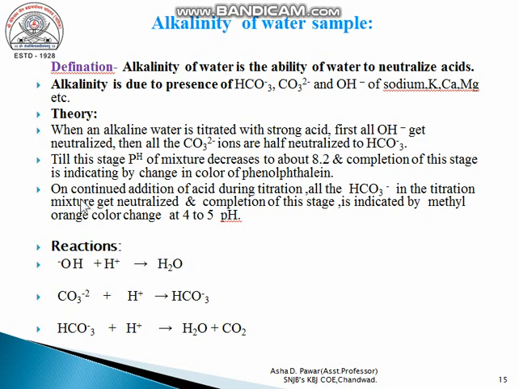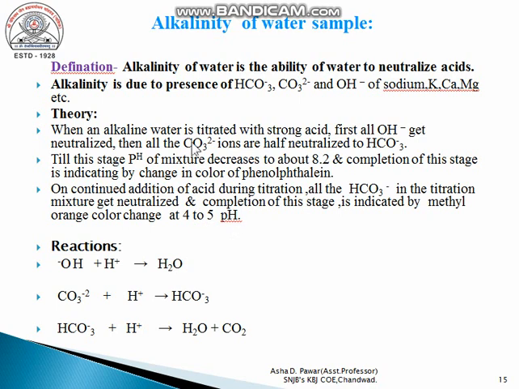Then on continued addition of acid during the titration, all the bicarbonate in the mixture gets neutralized into water and CO2. That is, bicarbonate reacts with acid forming H2O and carbon dioxide, and completion of this stage is indicated by the methyl orange indicator color change, and the pH decreases to around 4 to 5.